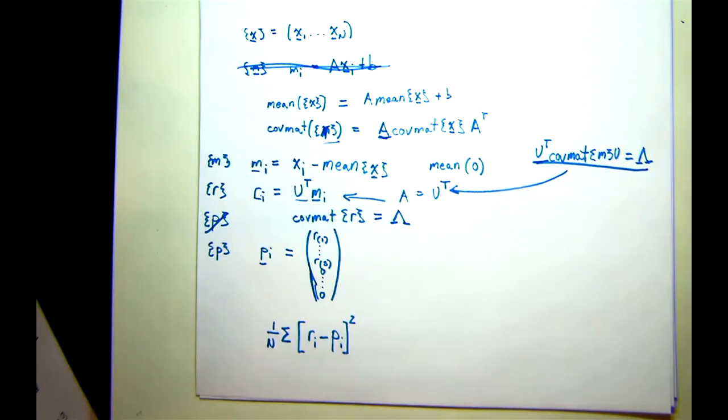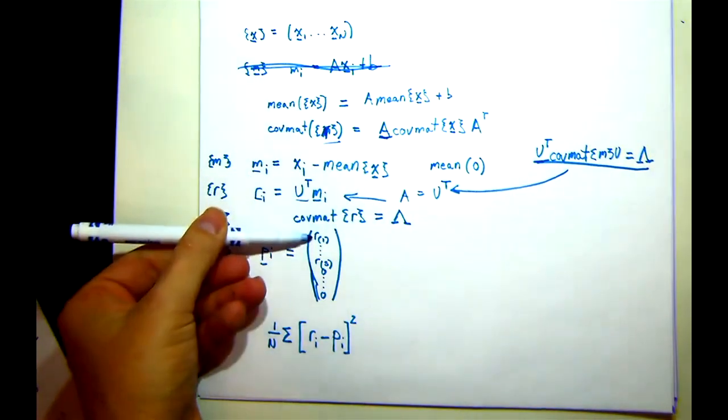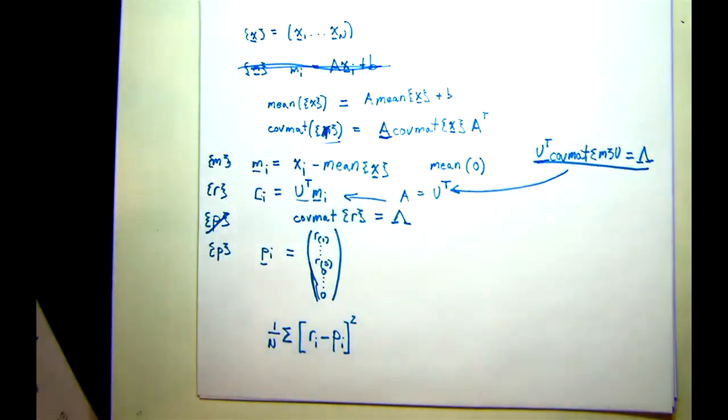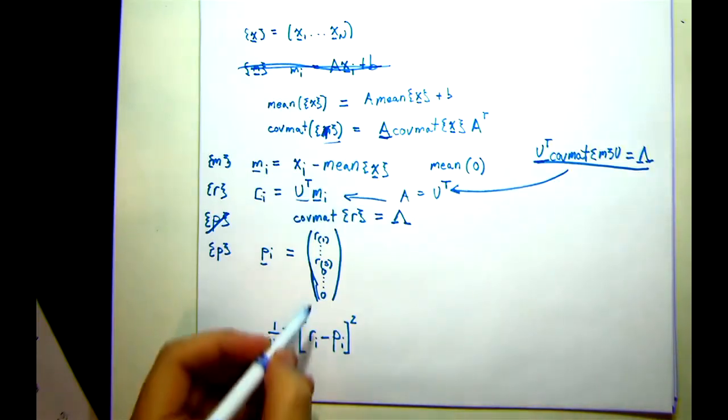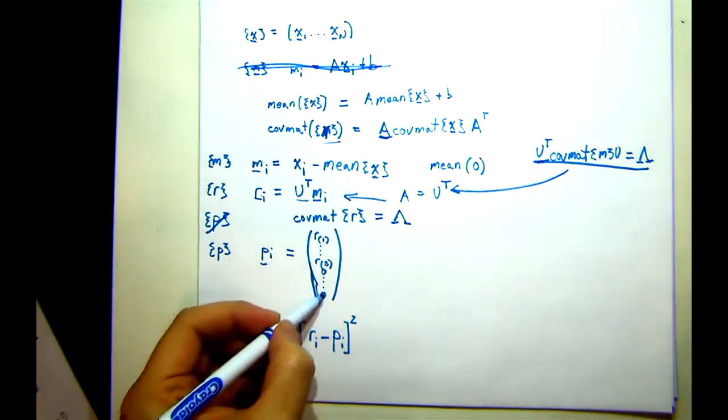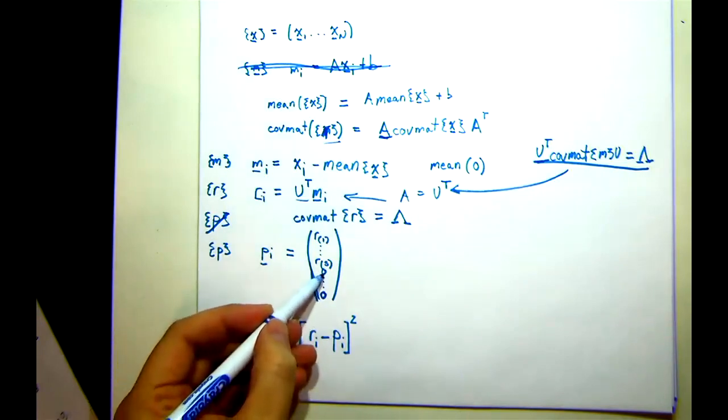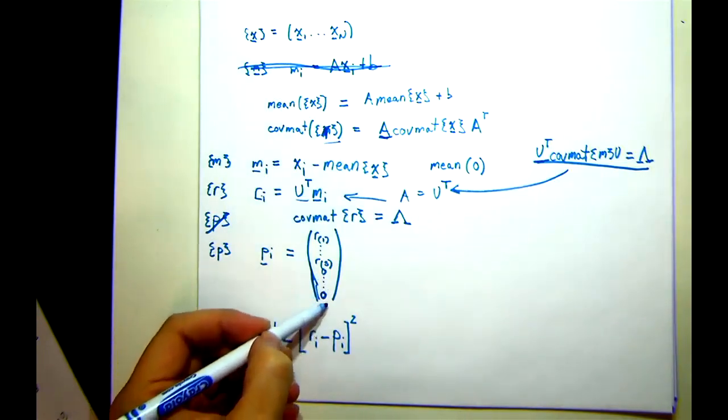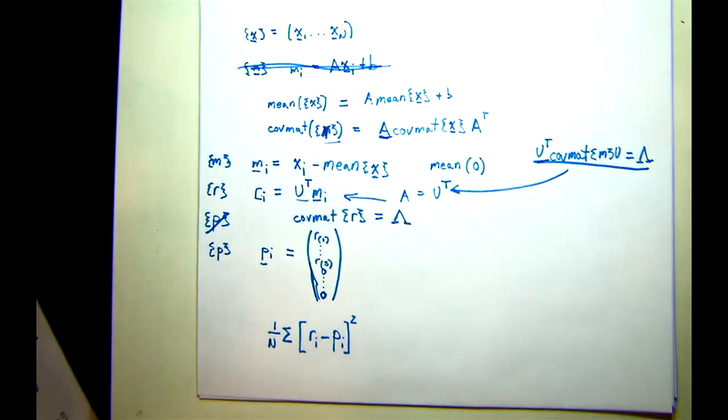If you think about that, for all of these first components up to S, they're going to be the same because P is just a copy of R up to the S component. But after that, it's going to be all 0. And if it's all 0, then the square difference is going to be the square of R_{S+1} down to R_D squared.